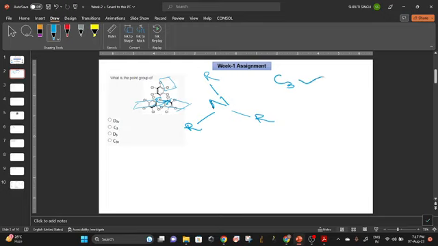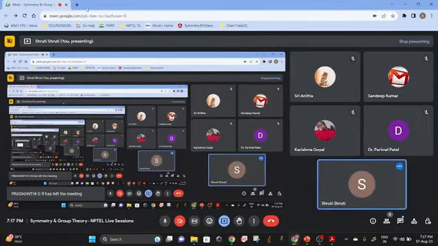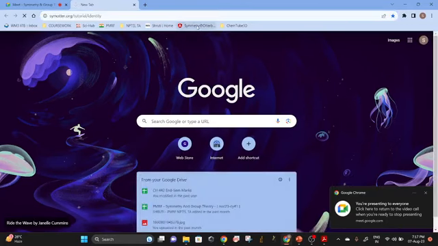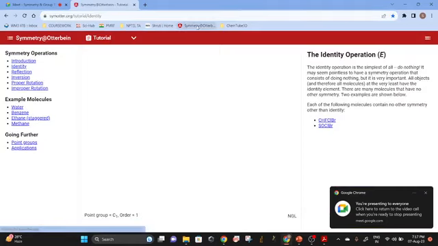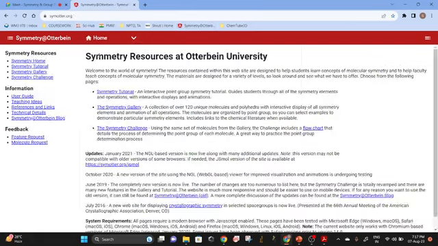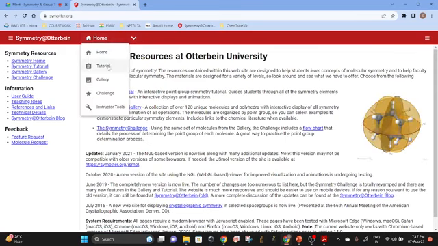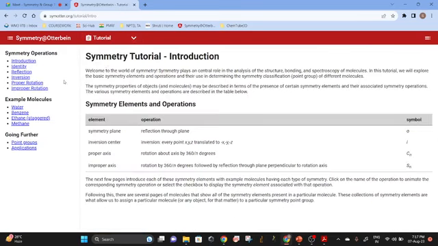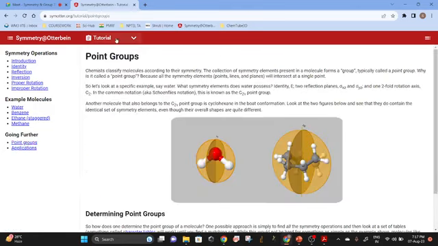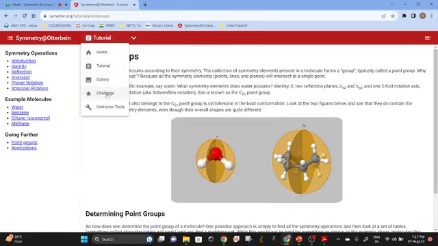Now, I'll give you an example of a molecule, so it will be better to understand. Did you guys try this software?